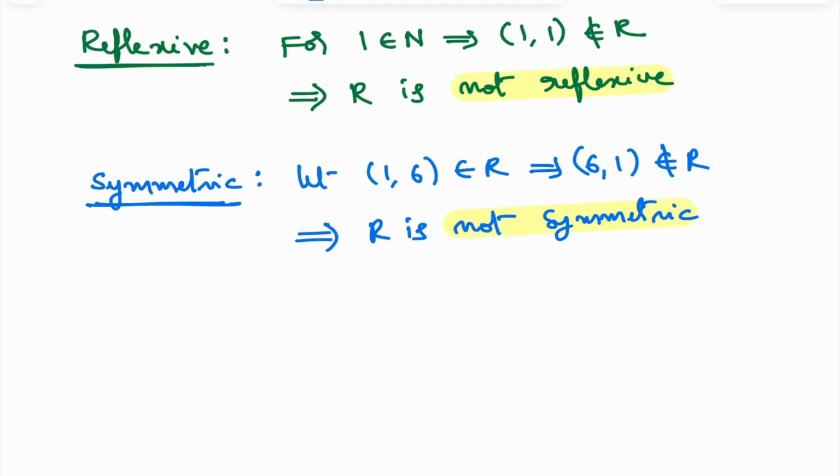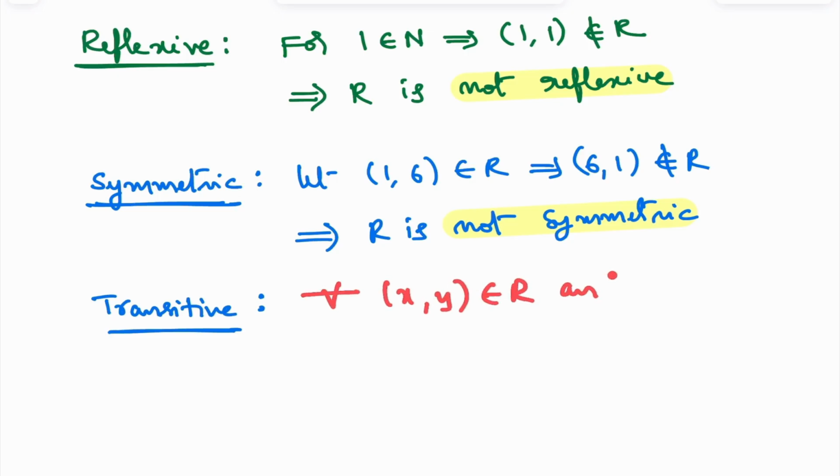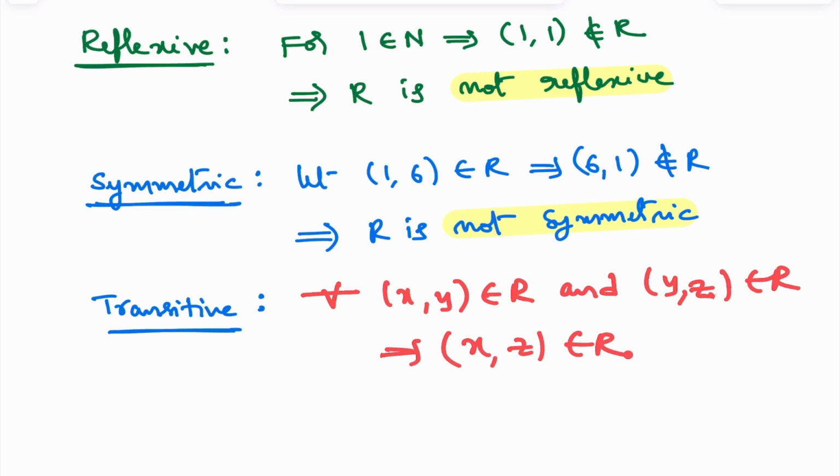Now, I'll check the transitive condition. In this problem, transitivity is the tricky one. Observe the definition first. For every x comma y belongs to R and y comma z belongs to R, we look whether x comma z is there in the relation or not. This is the transitive condition, correct?